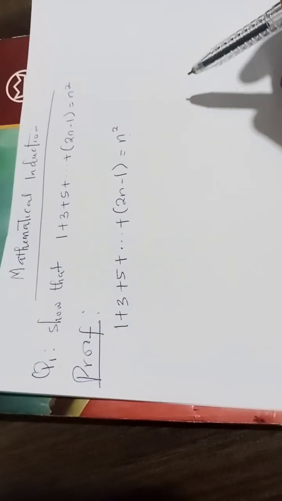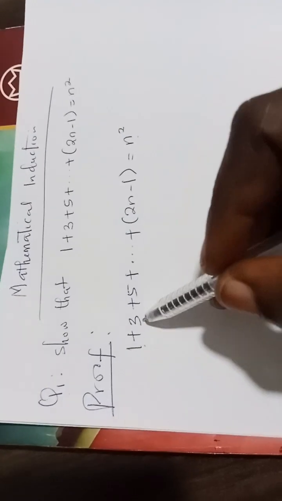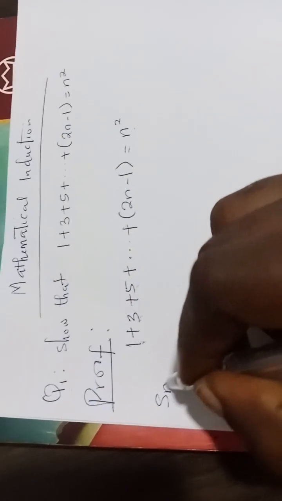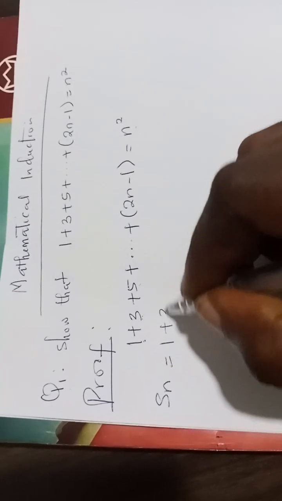When you're asked to prove anything by mathematical induction, know that there are 3 conditions that must be met, right? Since this is showing us the sum of our sequence, let us denote it as Sn is equal to 1 plus 3 plus 5 plus the dots.